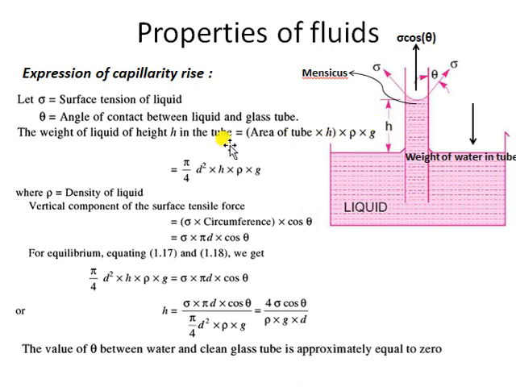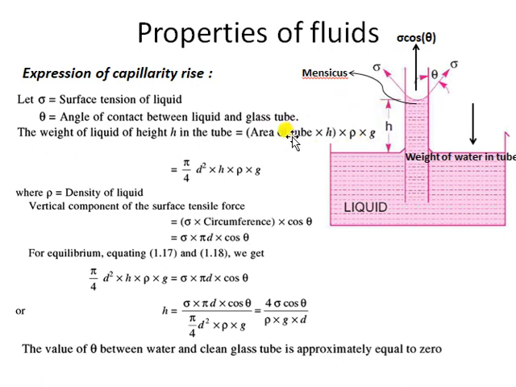That's what is done here to calculate the weight of the liquid in the tube. Density, now area into h. Area of the tube means the cross section area of the tube into h, so that will be the volume of water in the tube. Volume into density is mass, into g is weight. So this is the weight of the water in the tube.